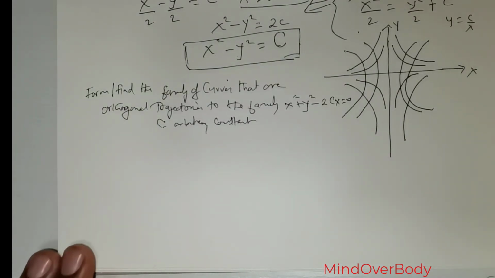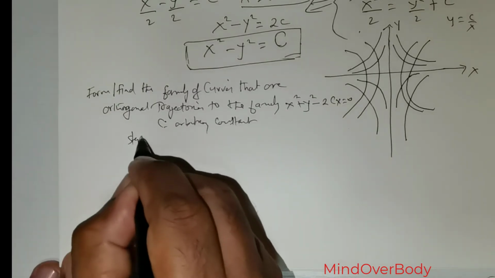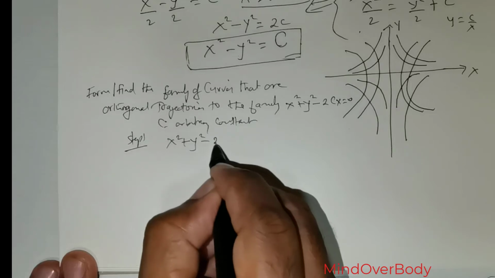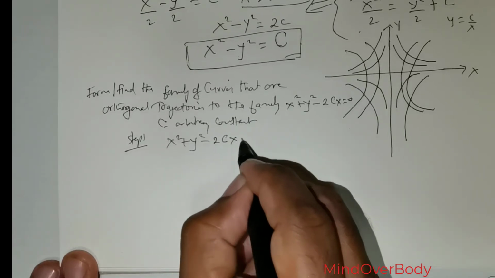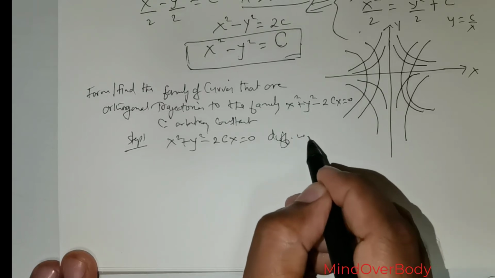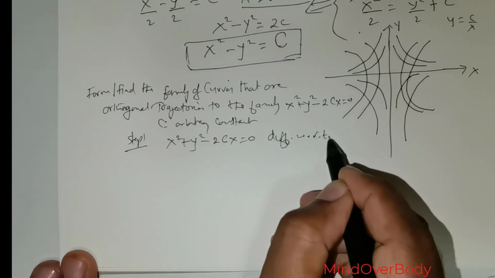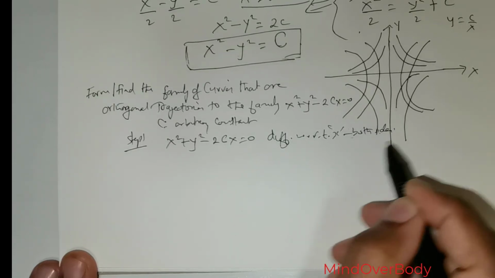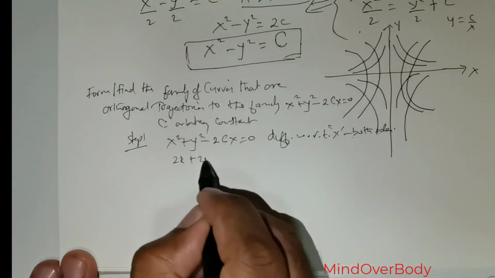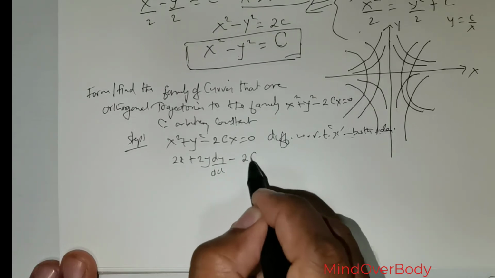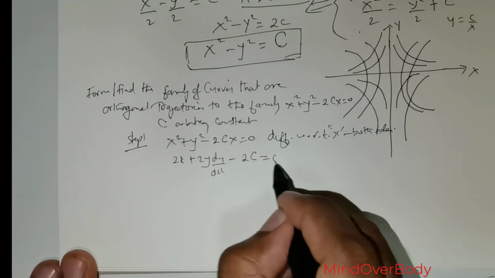So as usual, I will start with step 1. Step 1 is I will write x squared plus y squared minus 2 times c times x is equal to 0, and then I will differentiate the terms with respect to x both sides, and that would give me 2 times x plus 2 times y dy over dx minus 2 times c is equal to 0.